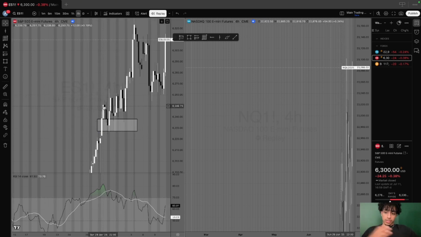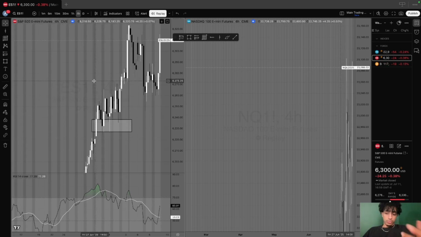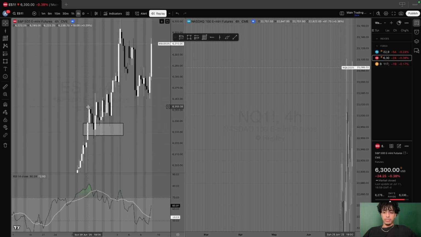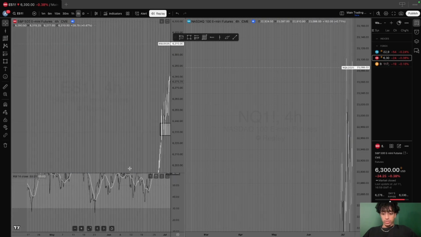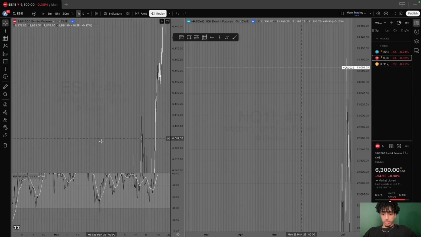Now, I personally would want to catch this move, but once again, this is 12 hours. I'm not even in a trade for 12 hours. I'll probably just catch one of these candles, probably half of this candle. But if you do want to still be bullish, then if you saw the buying pressure out of this imbalance, you could trade long. Does that make sense? But just understand that being overbought and also oversold is a thing. And now here's another example.